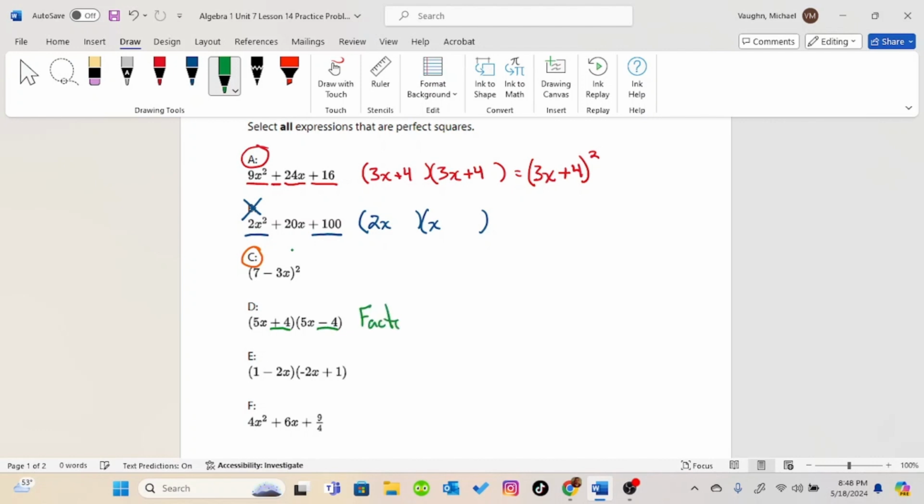So the factors are not the same. So D is not a perfect square.